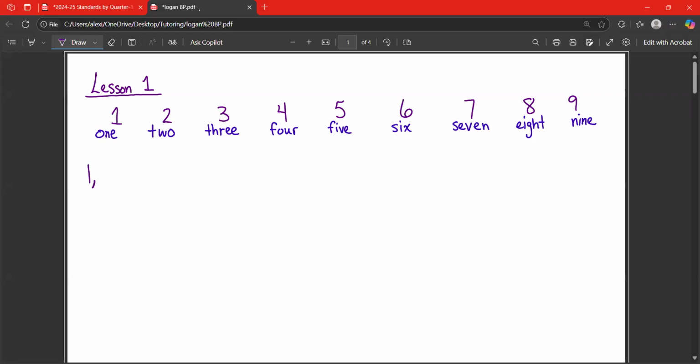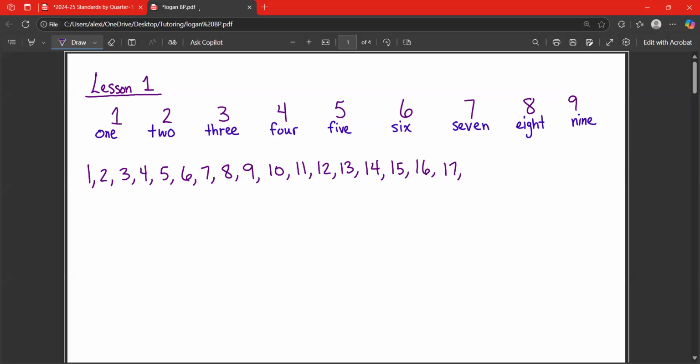Actually, let me write some more numbers out so I can see all of them. 1, 2, 3, 4, 5, 6, 7, 8, 9, 10, 11, 12, 13, 14, 15, 16, 17, 18, 19, 20.